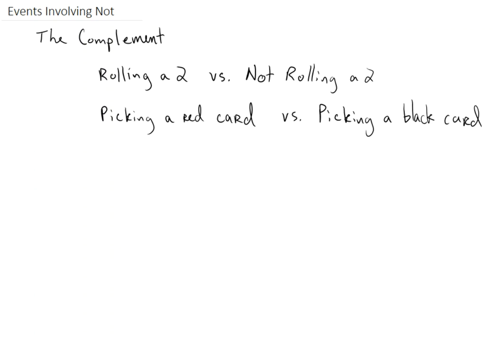All right, something you might notice with picking a red card and picking a black card is that it's essentially half and half, so 50% and 50%. But this makes it really easy to see a nice feature of complements. If it takes all the possibilities into account, when you add them together, you'll get 100% of the probability.